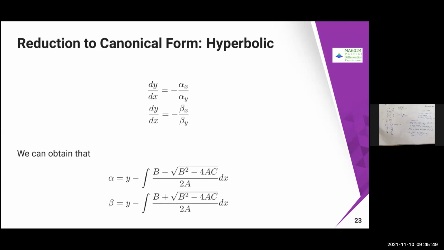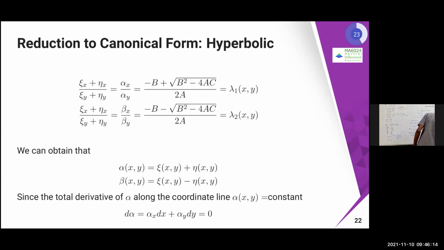You can obtain that alpha equal to y minus the integral of (b minus square root of b square minus 4ac) divided by 2a. And beta is going to become y minus the integral, plus or minus, I just changed here. This is plus, this is minus.